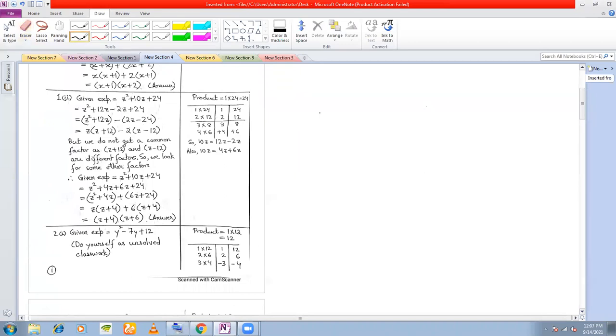See, what I had written here was z square plus 12z minus 2z plus 24. This is what I had written, right? If I group these two together, what is the HCF of z square and 12z? What is the HCF? If you know your grouping of terms, you will be able to say.